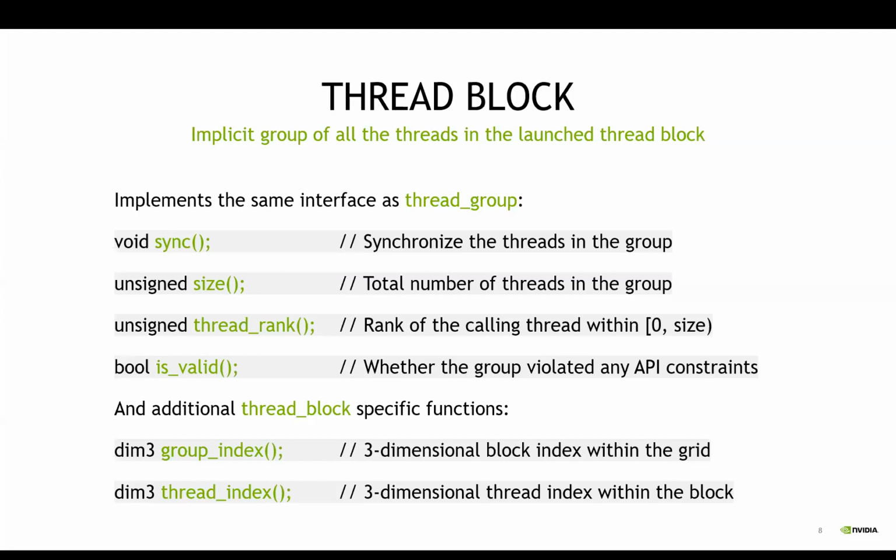As we go to different groups, in other words, the groups that inherit from the base group, the groups that we're actually going to use, like thread block will be an example of a group that we're actually going to use, some of those groups will have additional methods, and in particular, thread block has a couple of additional methods. The group index method provides a 3-dimensional block index within the grid. This should be immediately familiar to you.